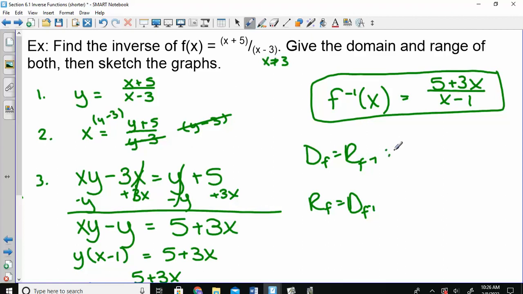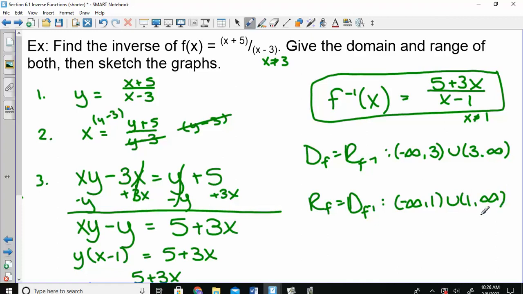So the domain of that would be negative infinity to 3, union 3 to infinity. With the inverse, what can x not be? So the domain of the inverse is negative infinity to 1, union 1 to infinity.